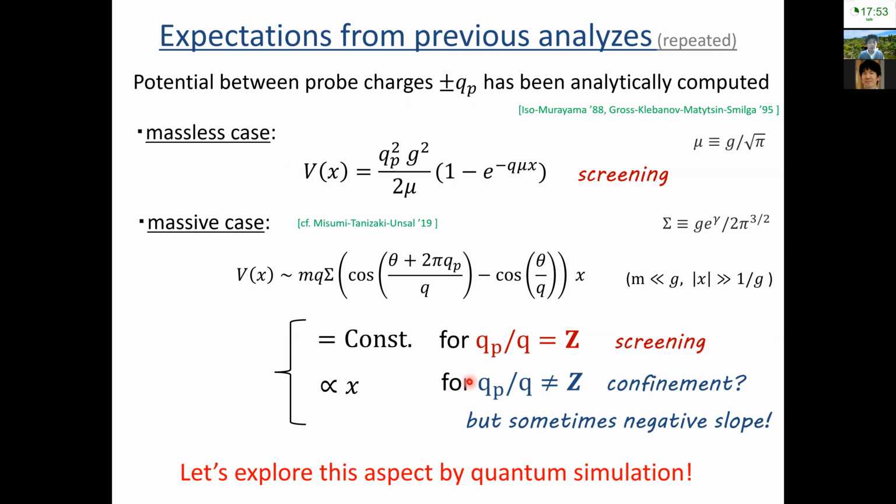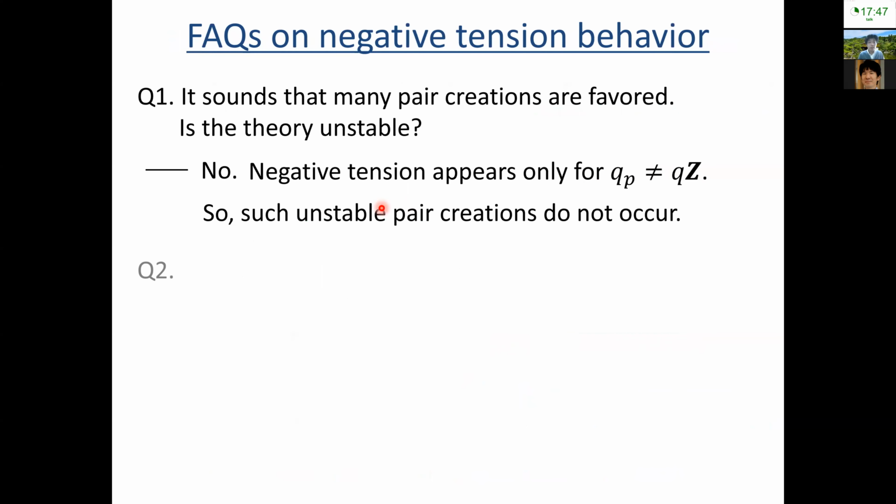as we can see from this equation, negative tension behavior appears only when Qp is not an integer times Q. So we don't have a pair creation of charges Qp. So such unstable creation does not occur.